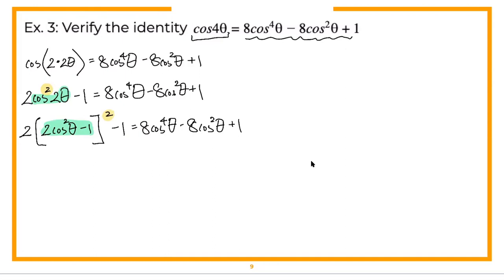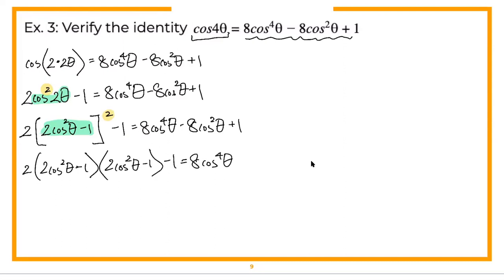Now I have to FOIL. And when I know I need to FOIL, I write it out 2 times so that I don't forget to FOIL.